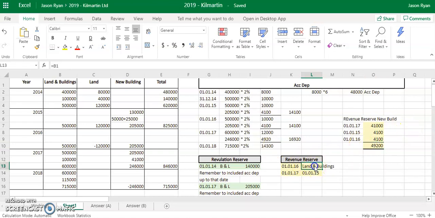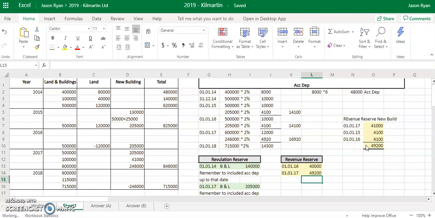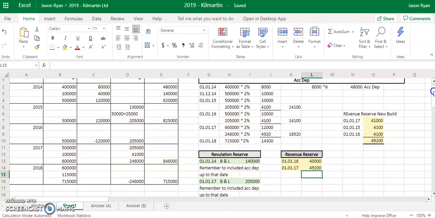And then just for yourself, you'll have two revenue reserves. The first one was when we sold the land for 40,000, and the second one then is this 49,200. And then the revaluation reserve, when we debit the revaluation reserve from our land and buildings account, the first one was 140,000.